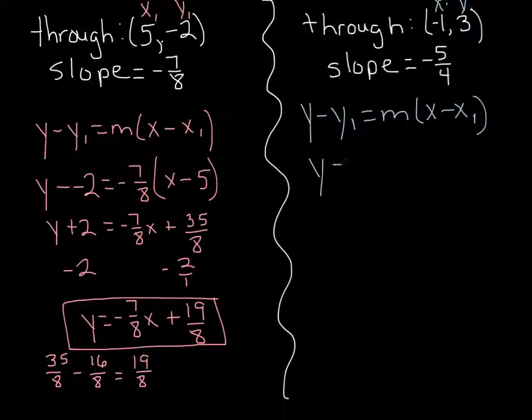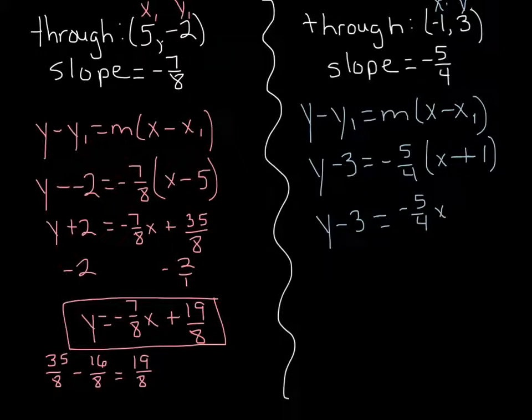So y minus 3 equals -5/4 x minus -1, which we can go back and change to plus. So y minus 3 equals -5/4 x minus 5/4. We add 3, or 3/1.